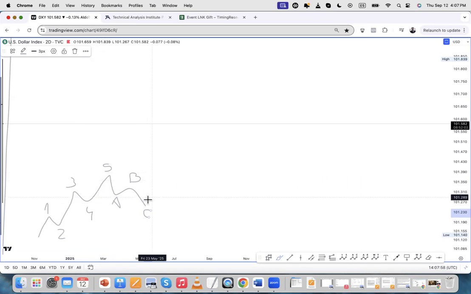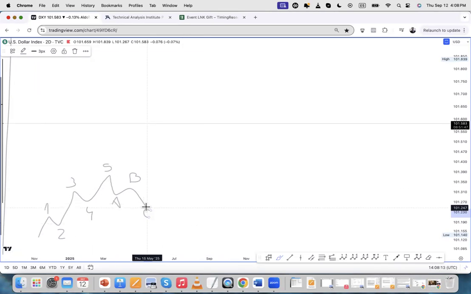This is the way that we identify the trend. This is the way that the market moves. This is the basic principle of the Elliott wave theory, where we have 5 waves moving in one direction, 3 waves moving in the opposite direction.